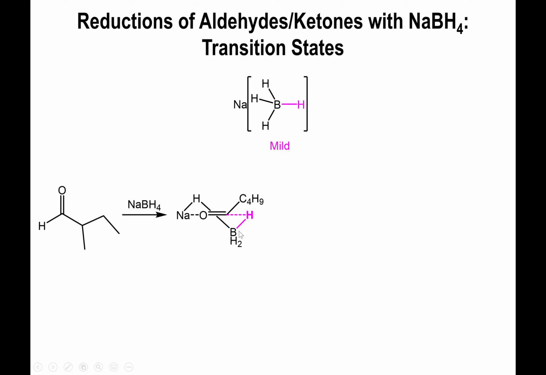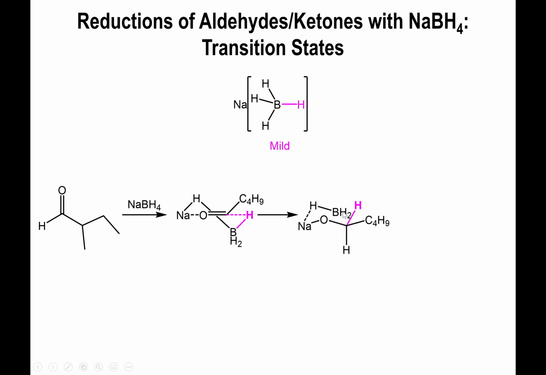And notice that the boron hydrogen bond is already very nicely located, very close to the carbonyl carbon to undergo the hydride insertion. So in the next step, that hydride just attacks that carbonyl carbon, the double bond is broken, and then you form your alkoxide, and the sodium is already in place to accept those extra electrons. So you get that automatically, made for you, which is kind of nice.